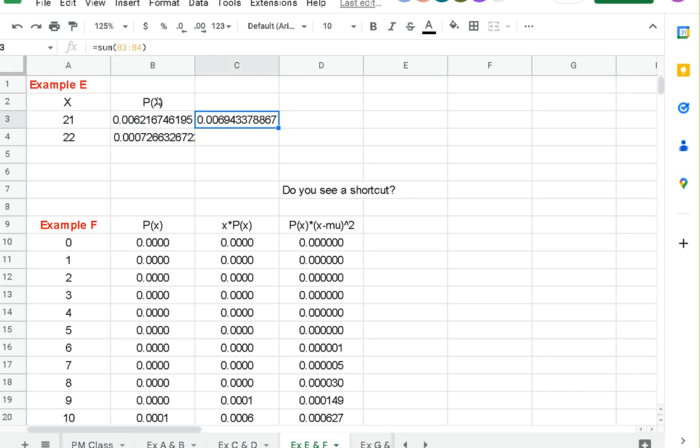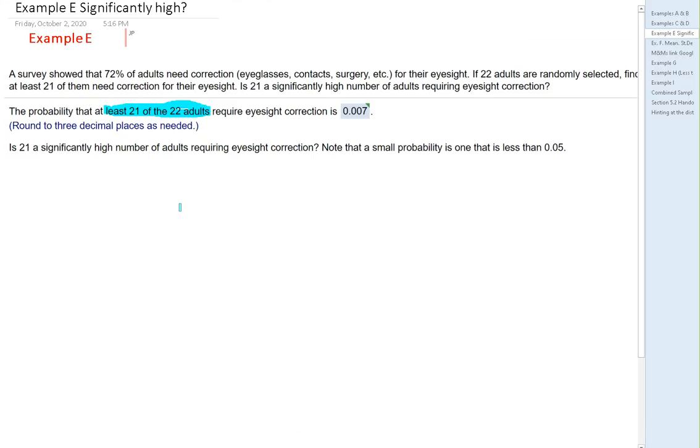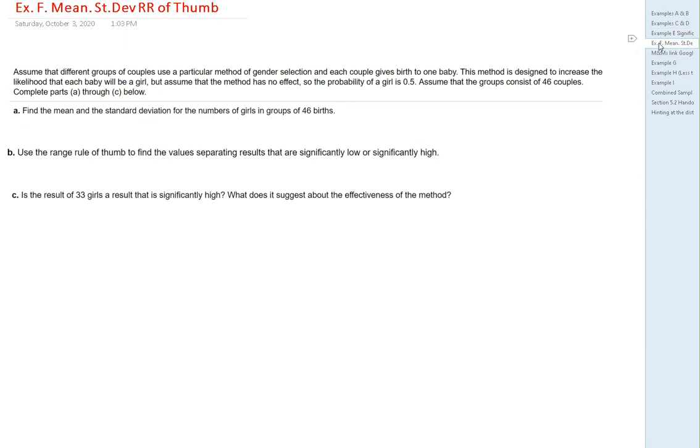Let's move on down to example F. Assume that different groups of couples use a particular method of gender selection and each group gives birth to one baby. The method is designed to increase the likelihood that each baby will be a girl, but assume the method has no effect.